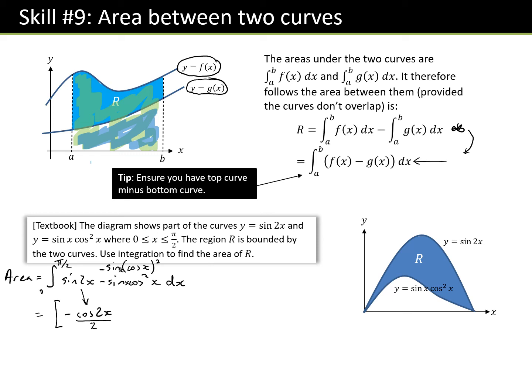So because we have the differential on the outside, we can try and use reverse chain rule. So leave the thing on the outside and now try and just integrate this using reverse chain rule, this cos x squared. So imagine if this was just x squared integrated, so you increase the power by 1, so it becomes a 3. You divide by that new power. However, because this isn't just x, it's cos x, you need to divide by its differential. Now cos x differentiated is minus sin x.